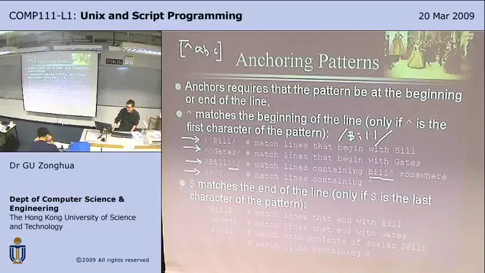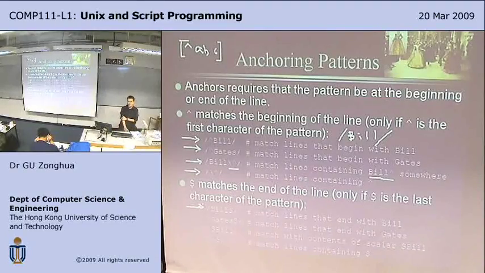Dollar is the symmetric thing, indicating the end of the line, but only if it is the last character of the pattern. So bill dollar matches lines that end with the word bill. Nothing can follow bill. Gate dollar matches any string that ends with gate.